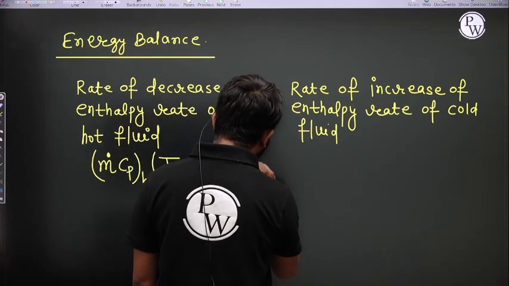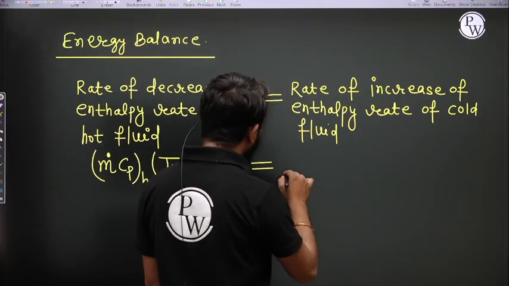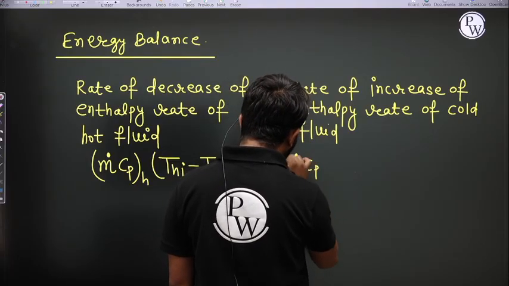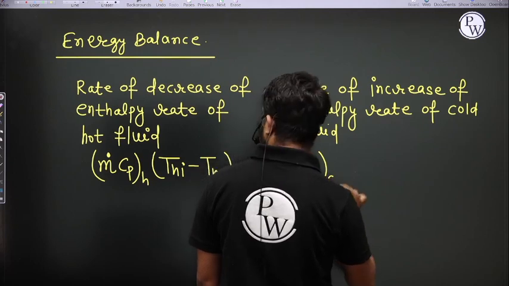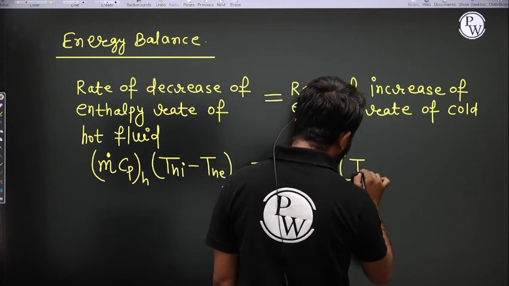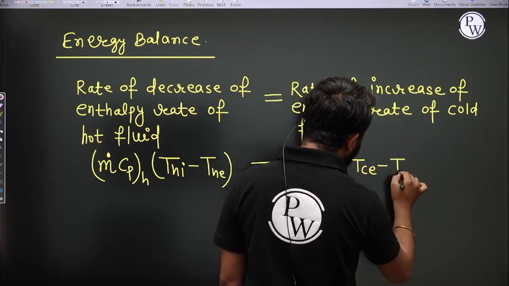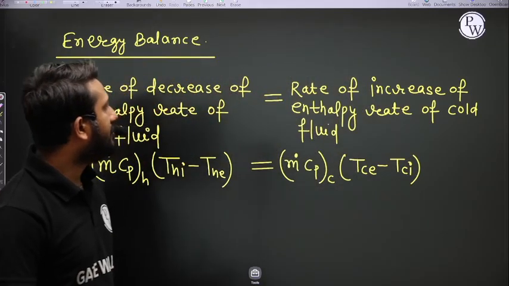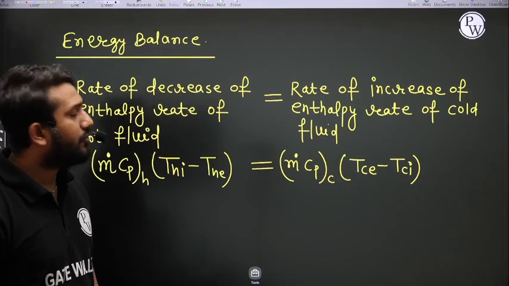That is equal to m dot Cp of cold fluid into (Tc exit minus Tc inlet). So this is the rate of increase of enthalpy rate of the cold fluid.